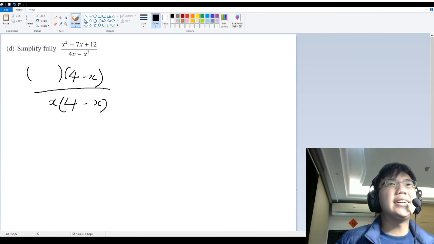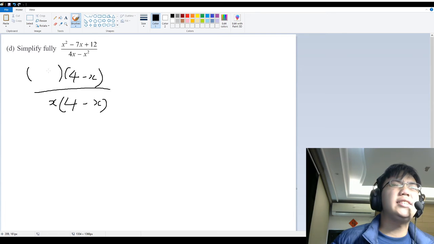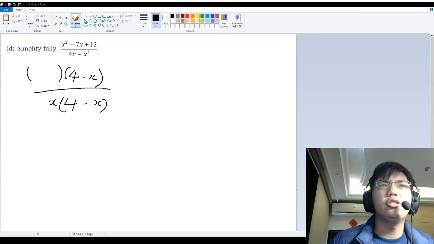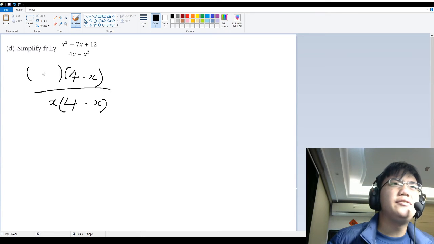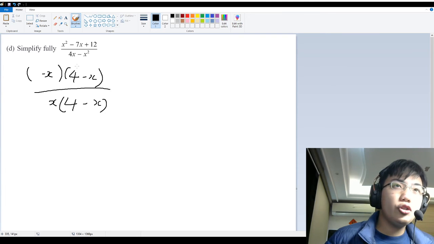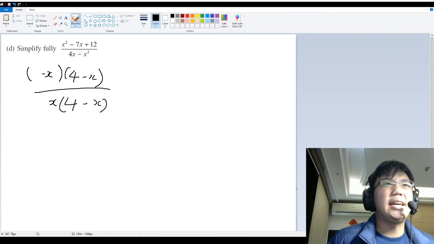Since the x squared is positive on the numerator of question D, and we have negative x on this side as well, to get negative 7x, we simply find what 7 can add to.